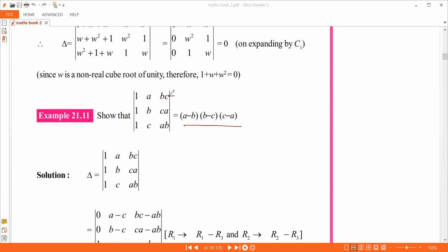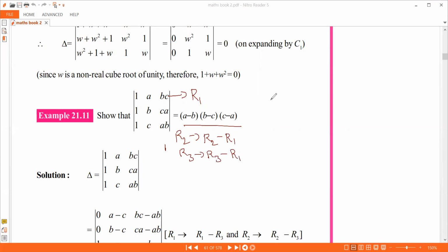So I told you we will fix one row, R1, and then hit the other two rows. So what I'll do is R2 is equal to R2 minus R1, and R3 is equal to R3 minus R1.